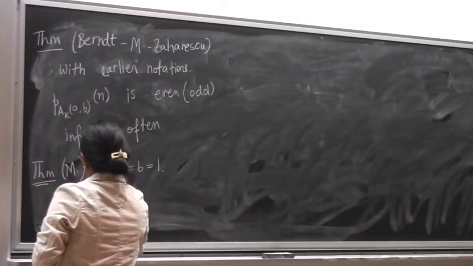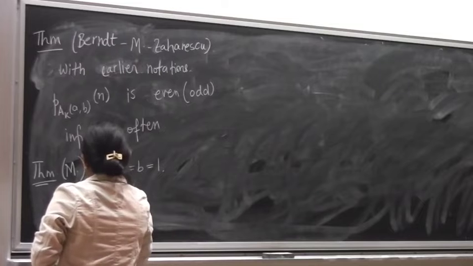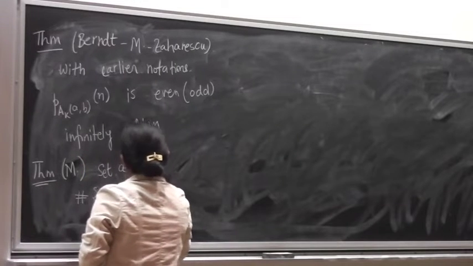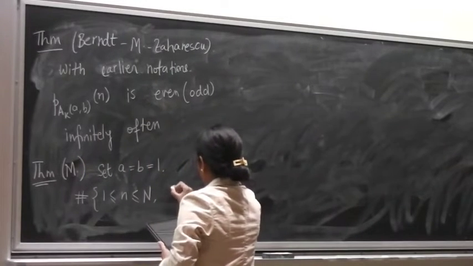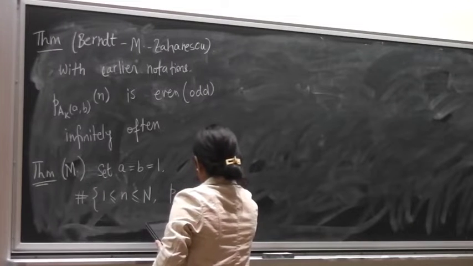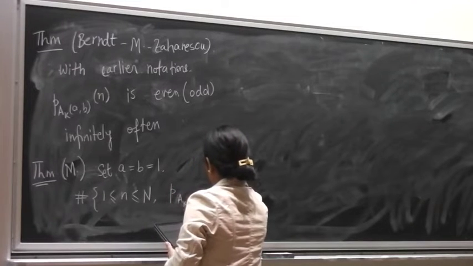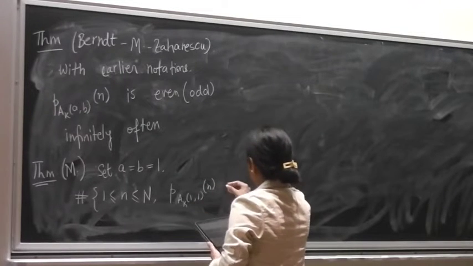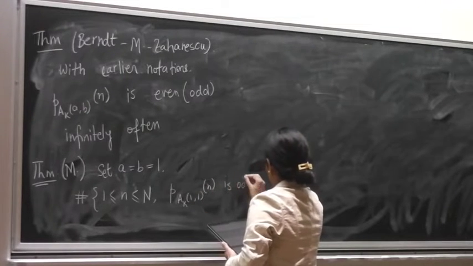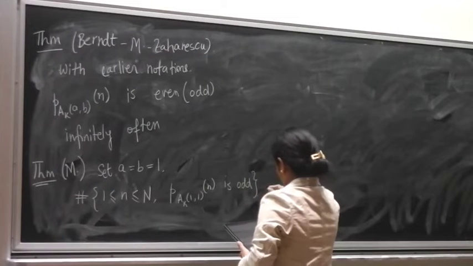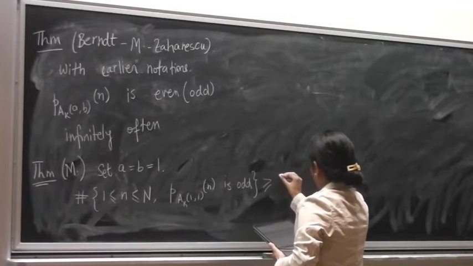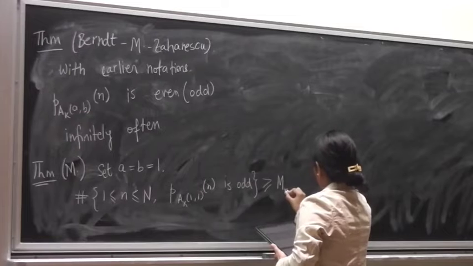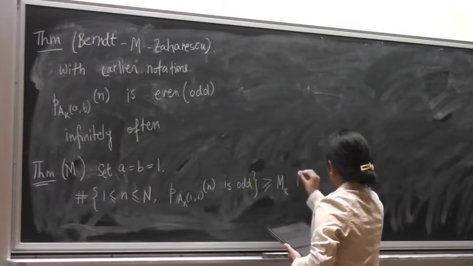So what I am saying is that if you take n between capital 1 and n such that P of A sub k 1 1, so I am partitioning into kth powers, this is odd not just infinitely often, but you can do quantitatively.